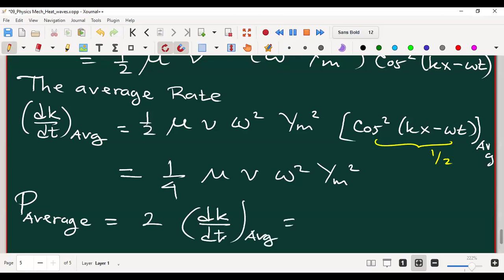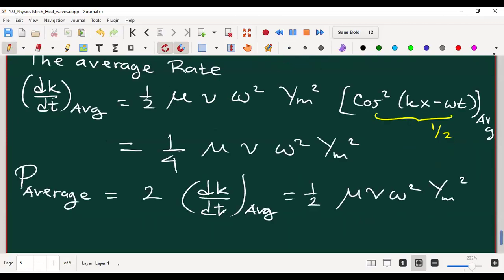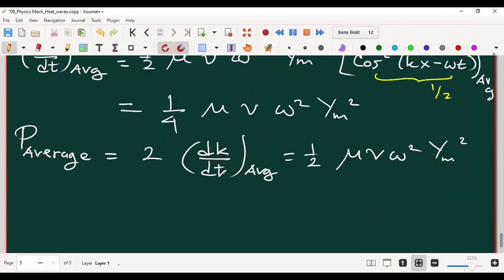This one becomes half mu v omega squared ym squared. This one is the average power.